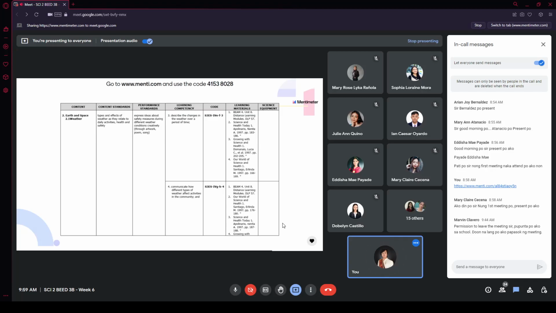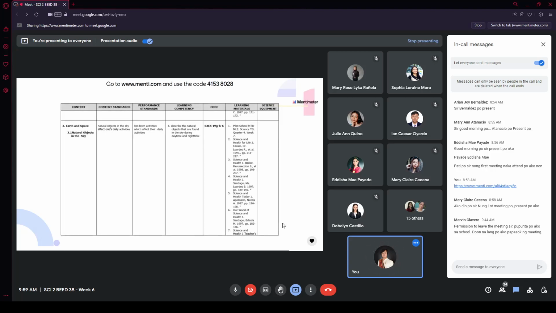And then number 4, communicate how different types of weather affect activities in the community. So this is already where you can insert the Pag-asa bulletin board. What are the levels of signals, the storm signals? And then content 3, 3.1, natural objects in the sky.